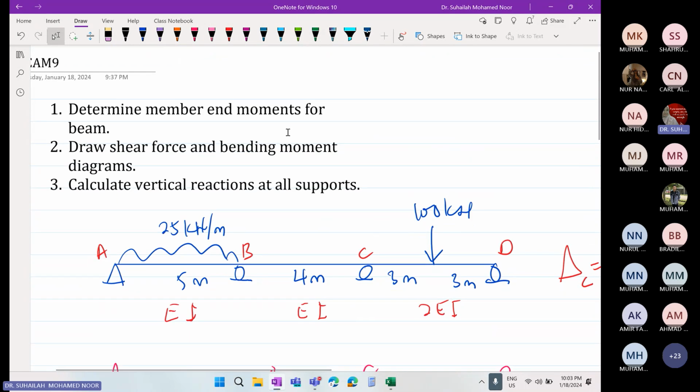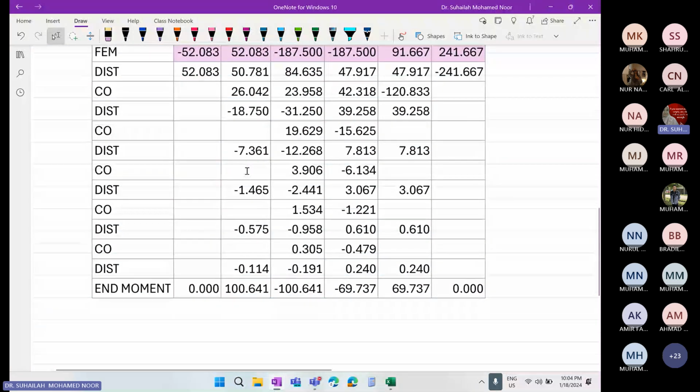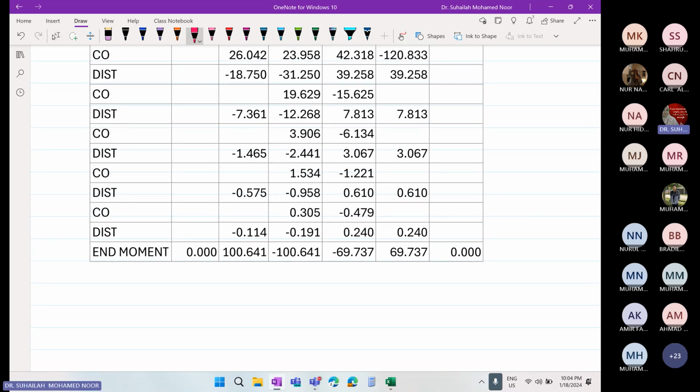Okay, now we want to draw the shear force diagram and bending moment diagram. The bending moment diagram, of course, we can draw directly, because the moment in the table is the internal moment. But we will start with the shear force diagram first. We have to analyze member by member.